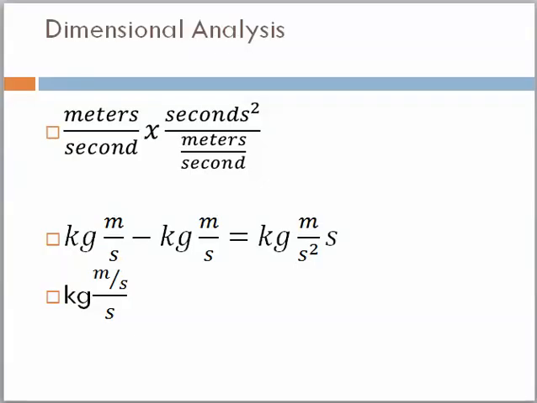So, an example here would be the top one. Simply think about what I would do if I was just treating it like variables. A lot of times I might rethink of this one as m over s times s squared over m divided by s.